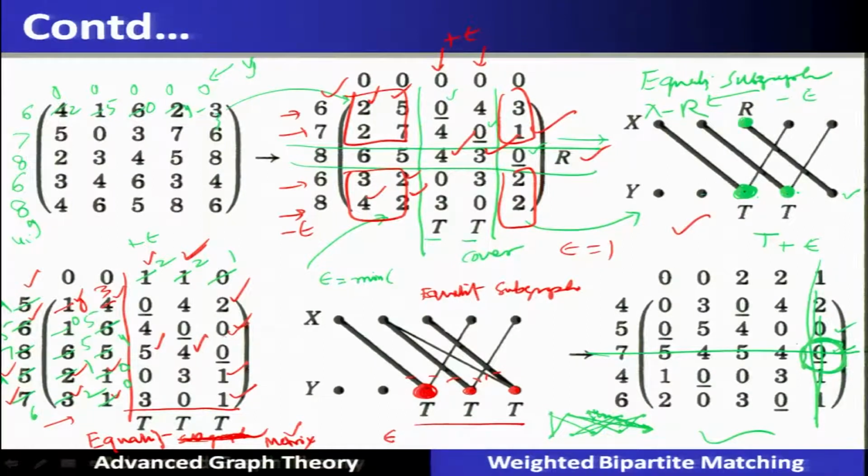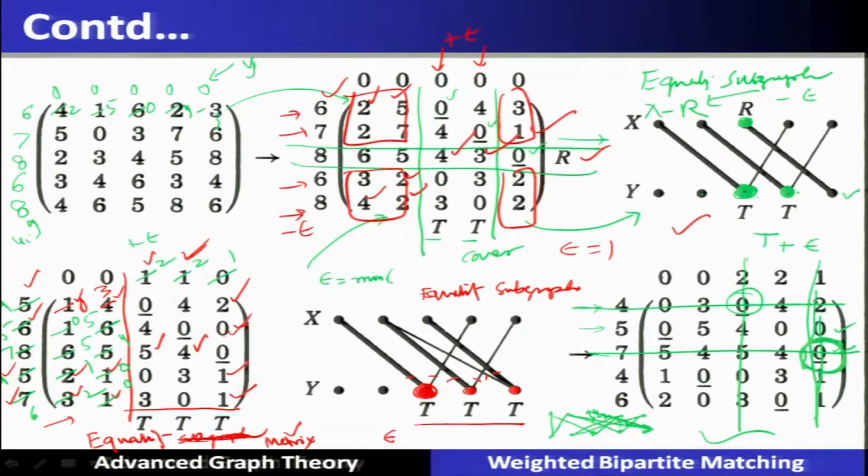That means this row and this column now have one 0 included, this 0. Similarly, if we take this particular row, we have 2 zeros, we have to select one of them, and in this particular column we have to select one of them. So, in this row this 0 is selected. If this 0 is selected, then this column will go out and this row will also go out. So, this will not be in the matching.